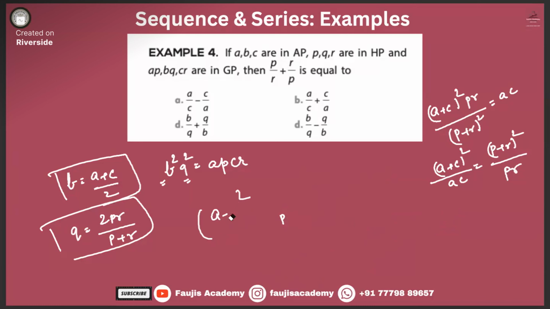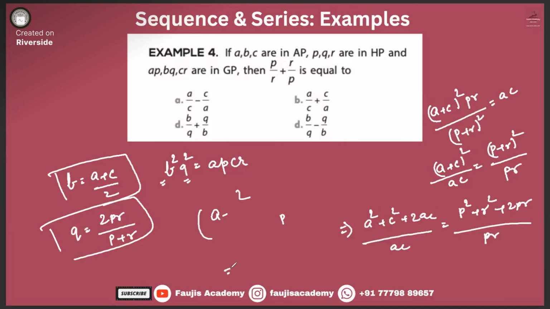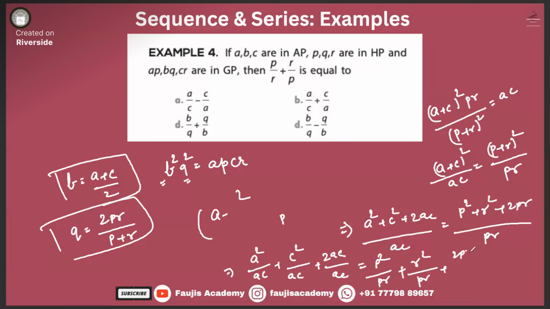If you elaborate it: A square plus C square plus 2AC divided by AC equals P square plus R square plus 2PR divided by PR, which is nothing but A square by AC plus C square by AC plus 2AC by AC, P square by PR plus R square by PR plus 2PR by PR.